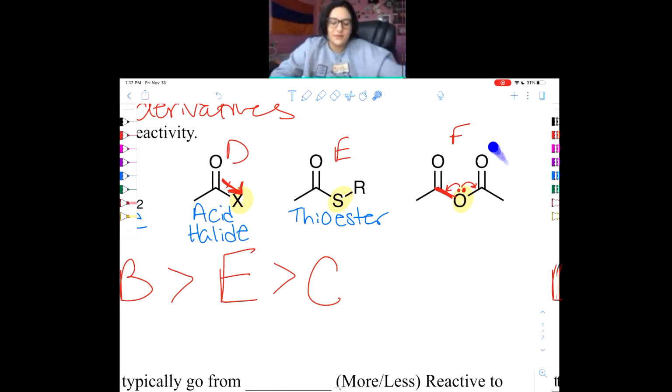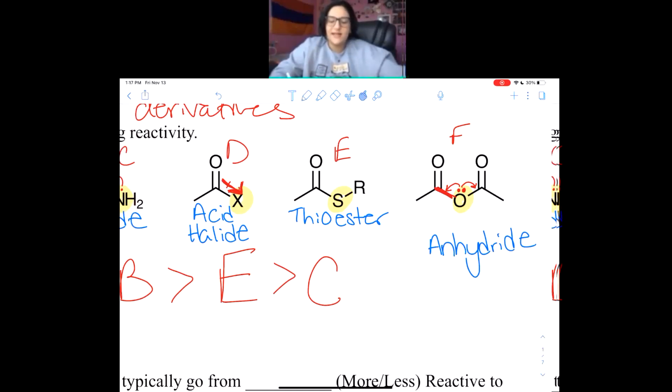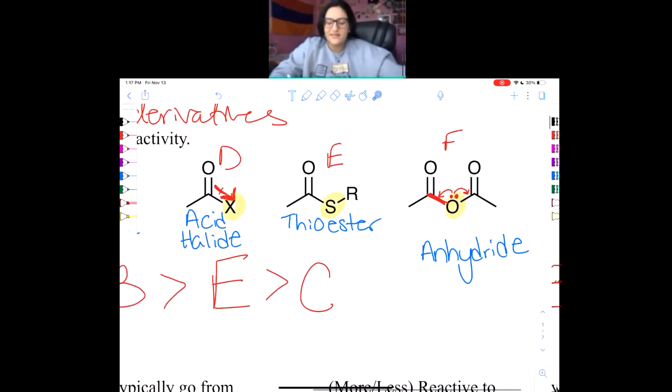For the next one, this general kind of structure where there's two carbonyls and an oxygen in the middle, we're going to call that an anhydride. And this one specifically, since it has a CH3 and a CH3, we're going to call it an acetic anhydride.